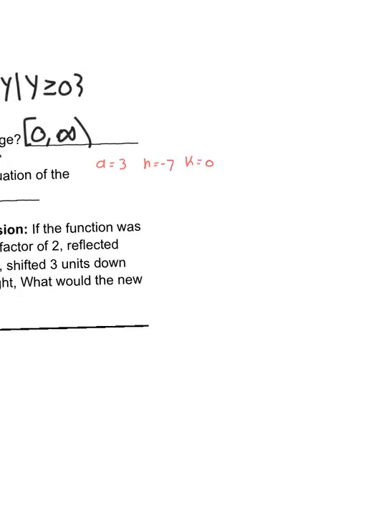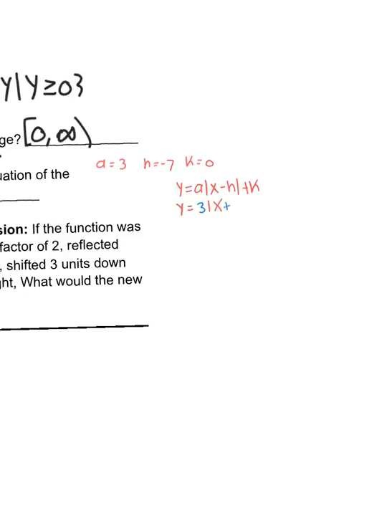My general equation is y equals A times the absolute value of x minus h, plus k. So I'm just going to substitute. A is going to become 3. I'm going to leave x alone. H is -7, but be careful. Remember that x lies when you're looking at a graph or the equation, the sign is flipped.